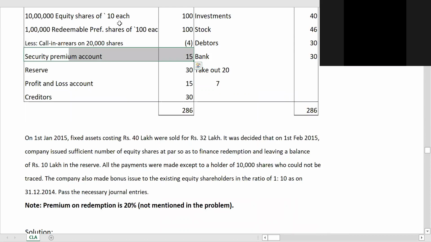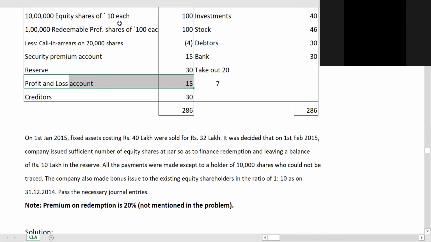So 1 lakh short. They've already told us to keep 10 lakhs in reserve, so we will not touch it. As a policy they are keeping 10 lakhs, which is why we are not touching the reserve in this case. So take the remaining 1 lakh from P&L. If we take that 1 lakh from there, what will remain is 6 lakhs in this, correct?